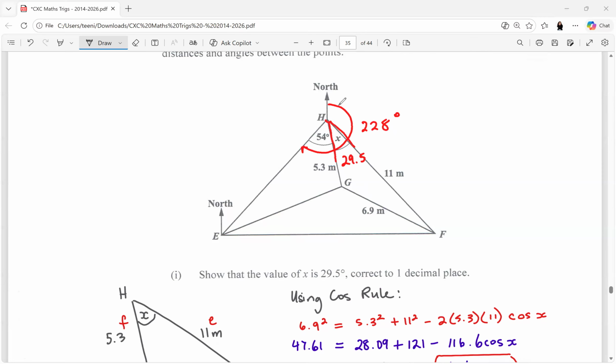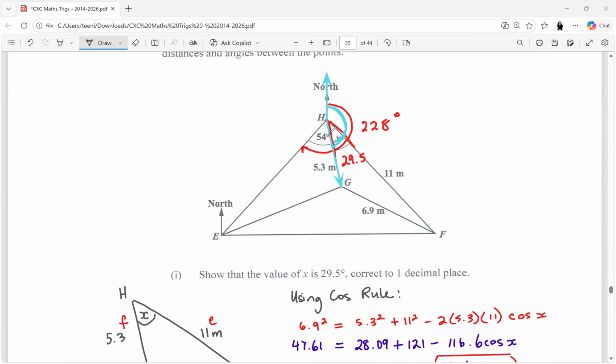The angle that we are interested in finding is G from H. This is H here, so G from H is this angle from here to here.